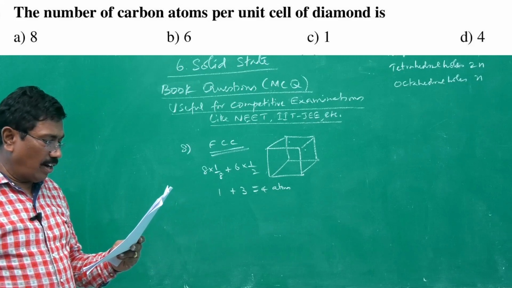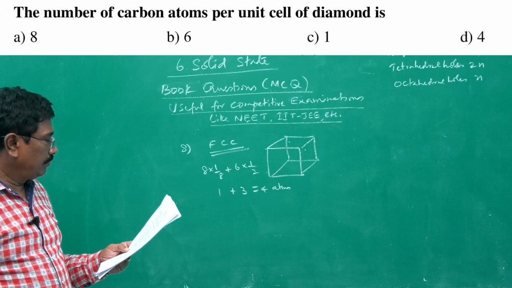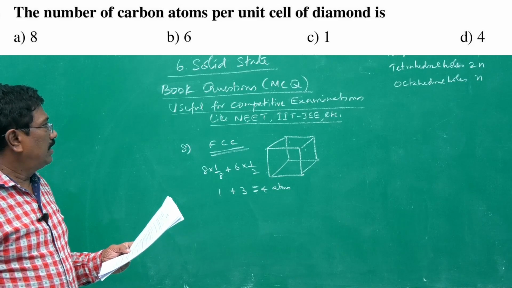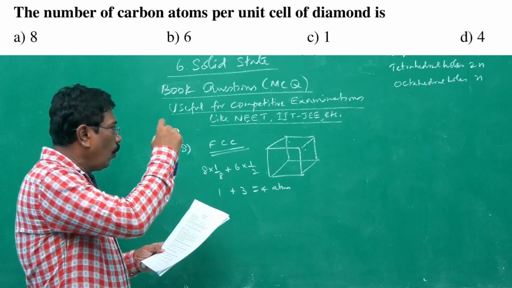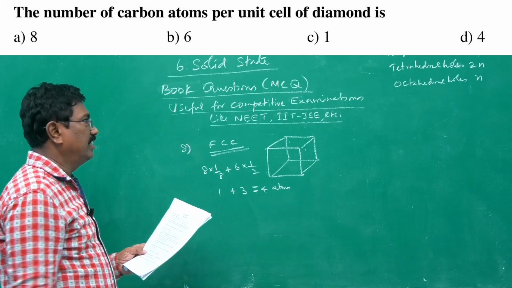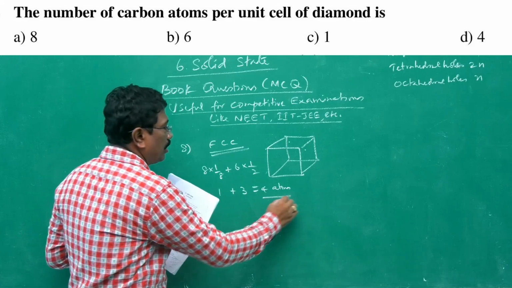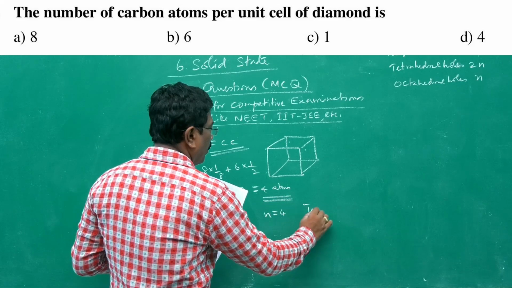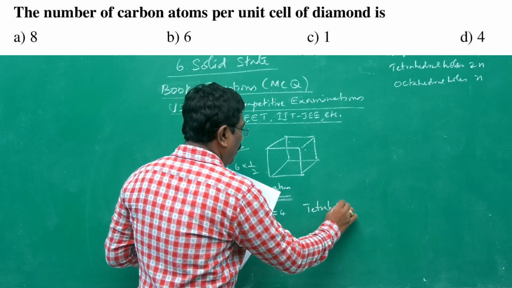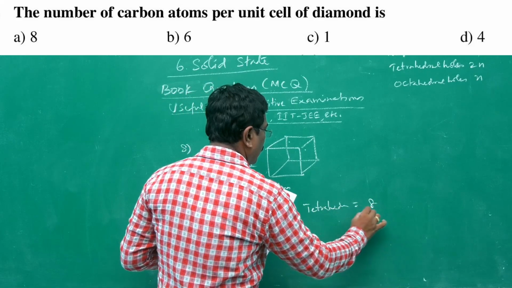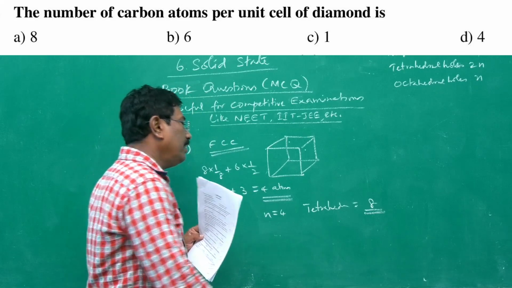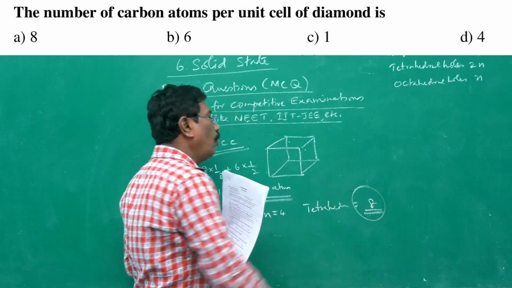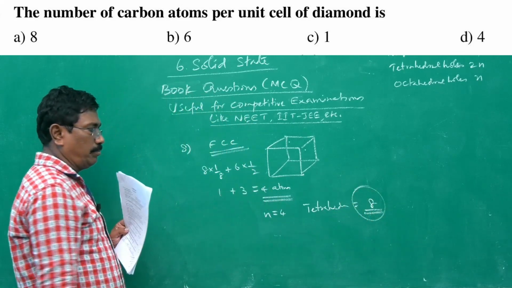But along with that, what is happening in diamond? There are tetrahedral holes in FCC. If 4 atoms are present, that is n equal to 4, the tetrahedral holes will be 2n, therefore 8. Among the tetrahedral holes, 50% of the holes are also occupied by carbon atoms.